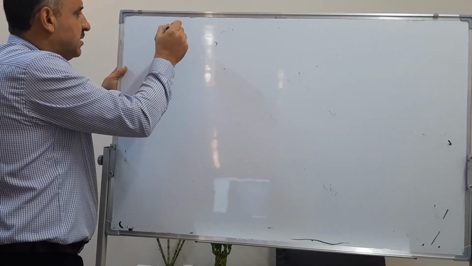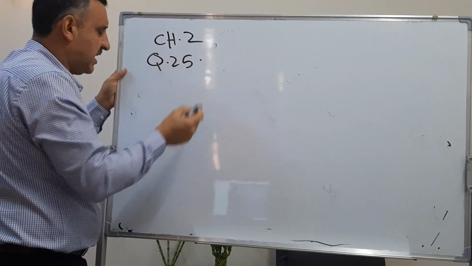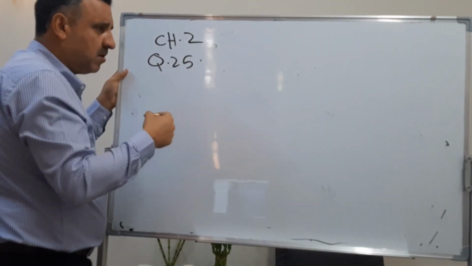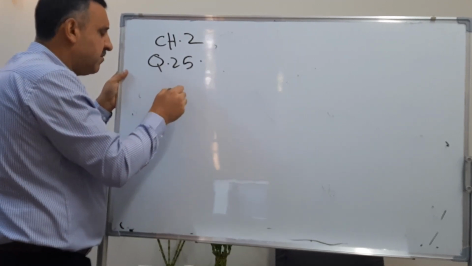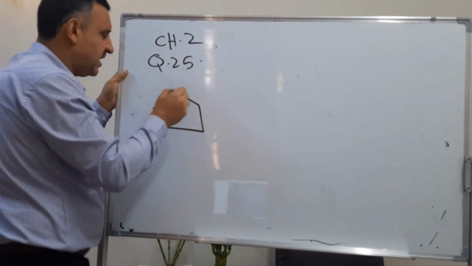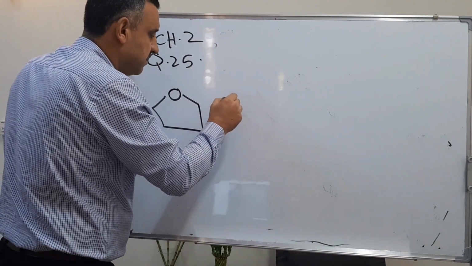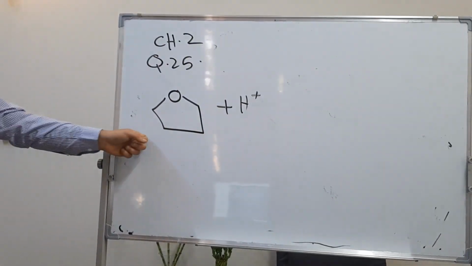Chapter 2, question number 25 was like this. It shows the curved arrow of the movement of the electrons of this compound when it reacts with H+, or when it behaves as a base.